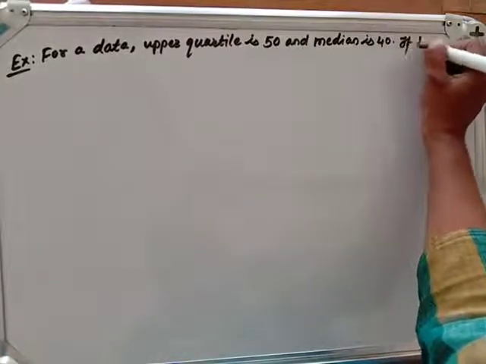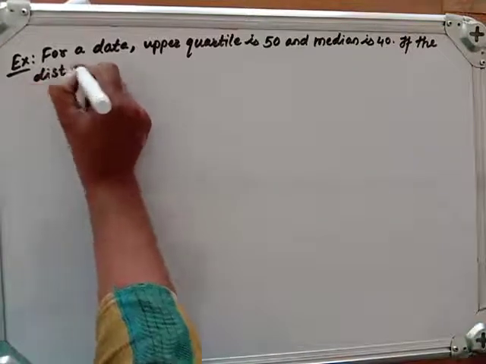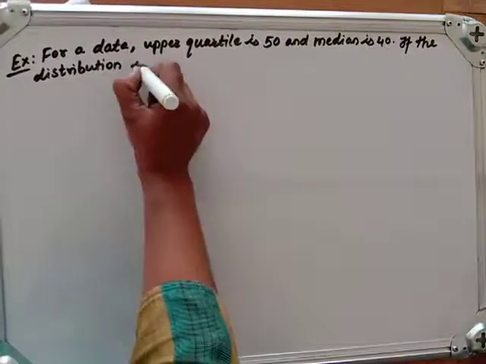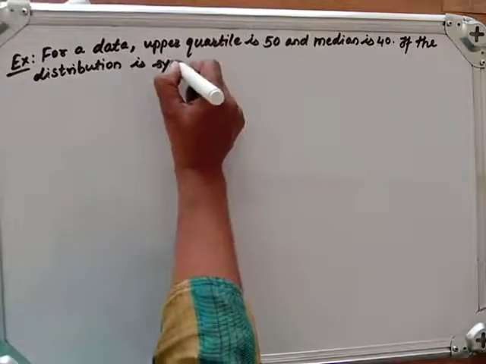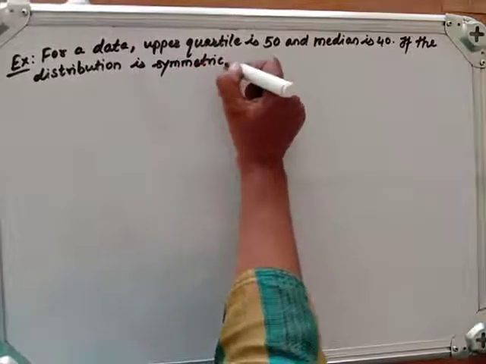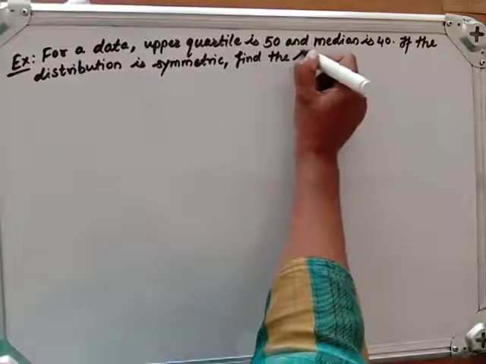If the distribution is symmetric, find the lower quartile.